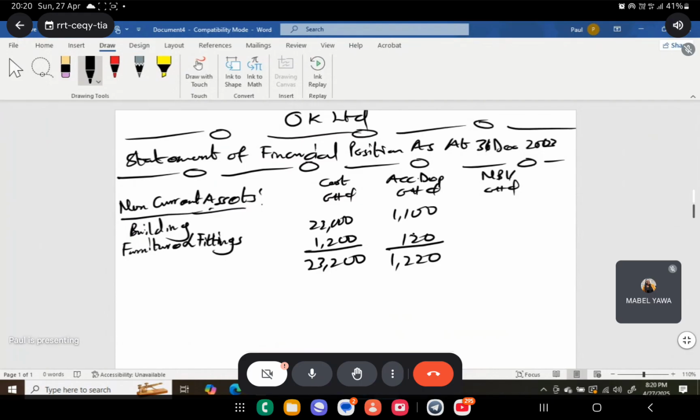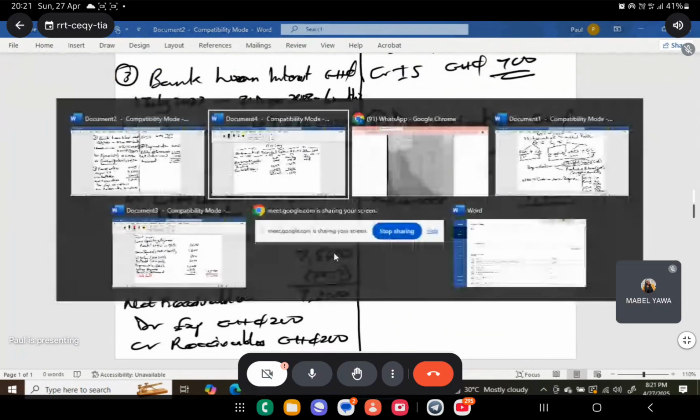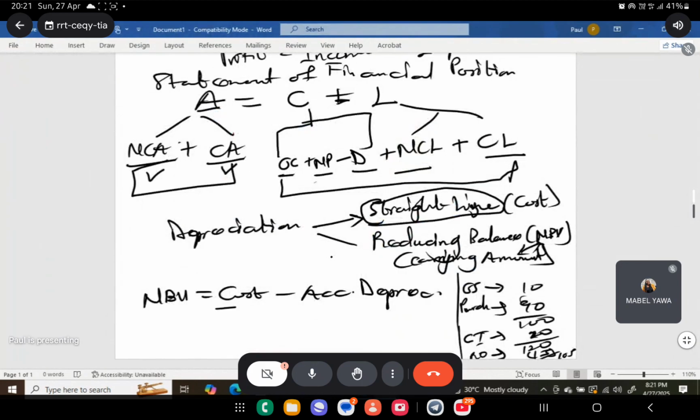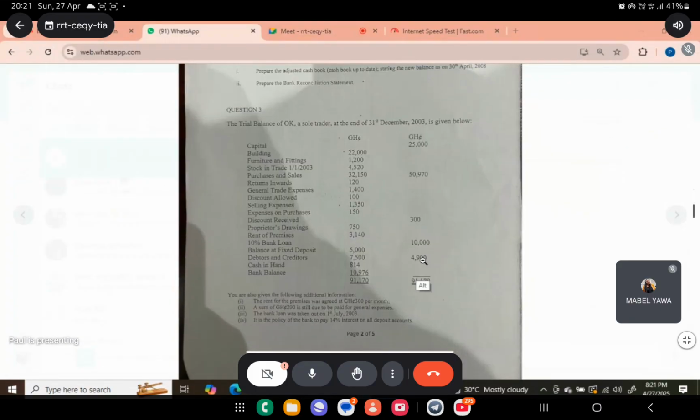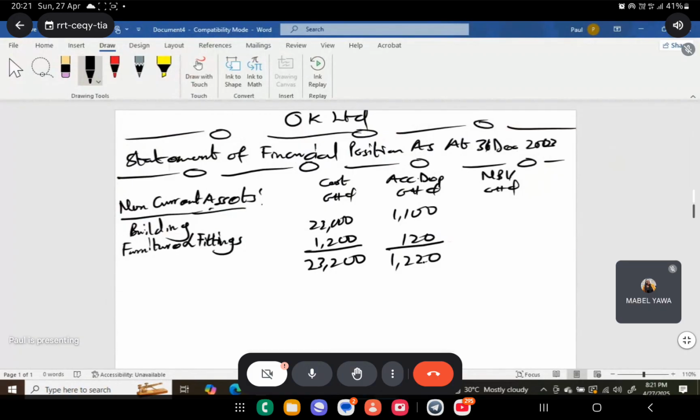That's the accumulated depreciation. I told you that net book value is the cost minus the accumulated depreciation. So for the building it becomes 22,000 minus 1,100, that's 20,900.